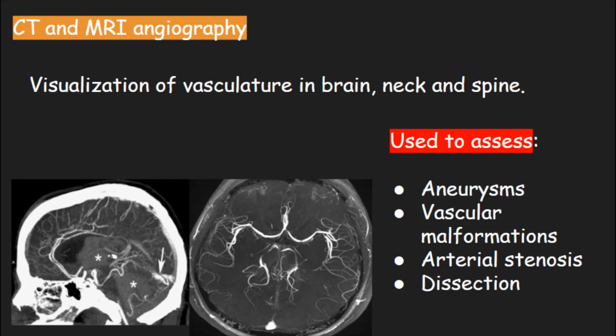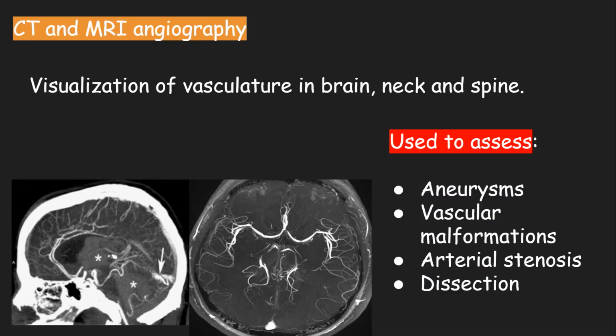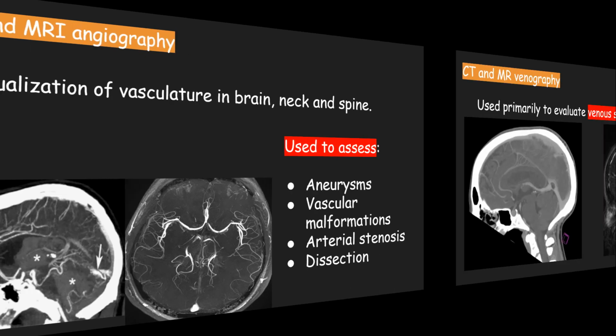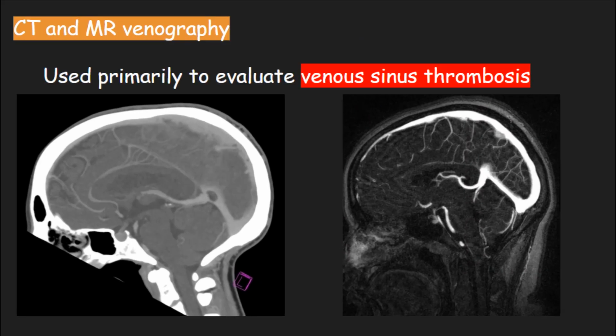If contrast administration is contraindicated, different sequences or modalities can be tried, like Doppler ultrasound to assess carotid artery stenosis. Just take some time to appreciate how different sequences look like.